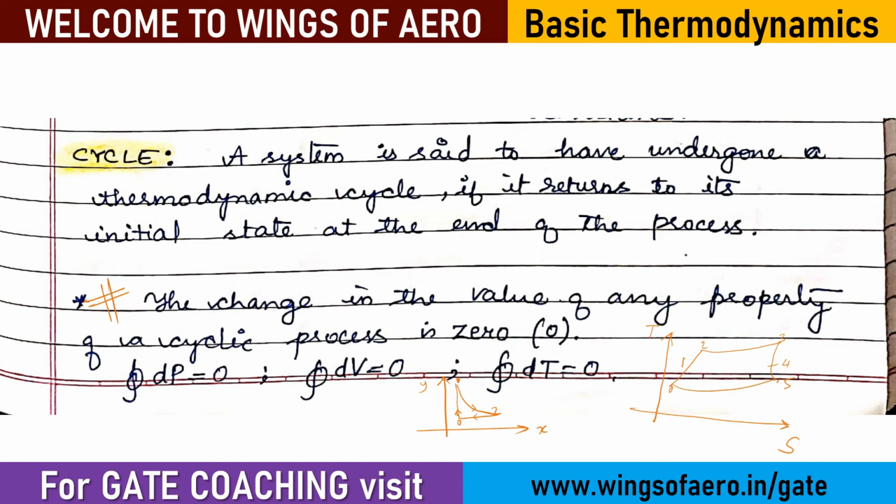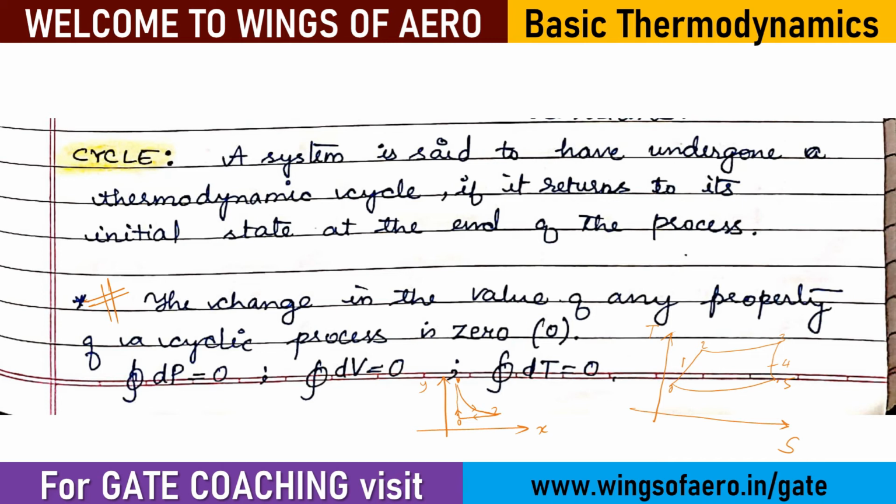Now what they do in GATE is give you this Brayton cycle and ask you to find the summation of pressure at these points, and they will give you some data. Once you understand that it is a closed cycle, whether Brayton or whatever, you can straight away write 0 as the answer.